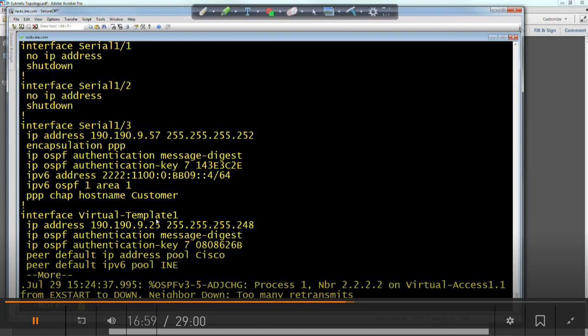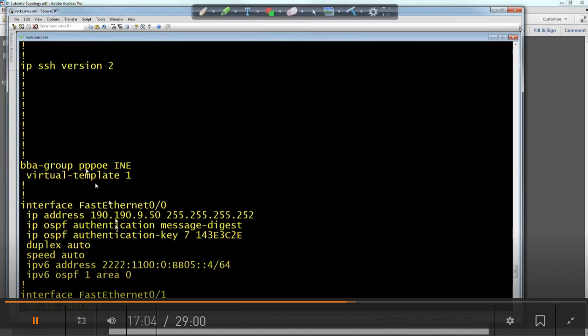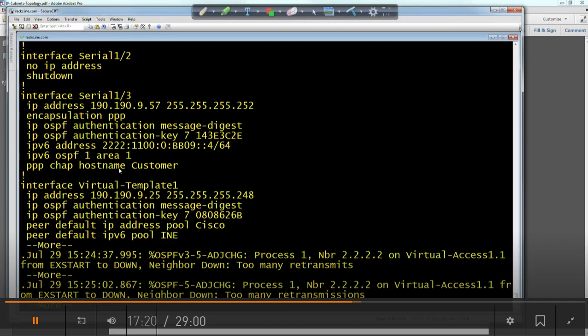And the virtual template is being used by the BBA group, which says PPP over Ethernet. So because the BBA group knows he's doing PPP over Ethernet, he relays that information to the virtual template, and then when the virtual template spawns or creates the virtual access interface, he's smart enough to say, hey, look, you need to have a maximum MTU of 1492, so we don't get too big here.